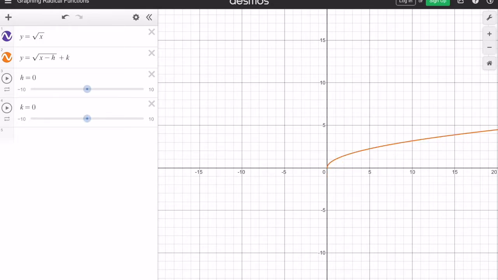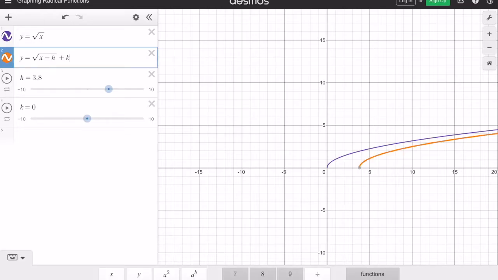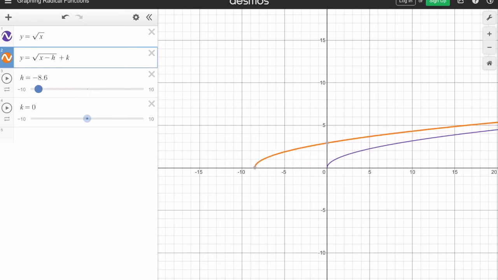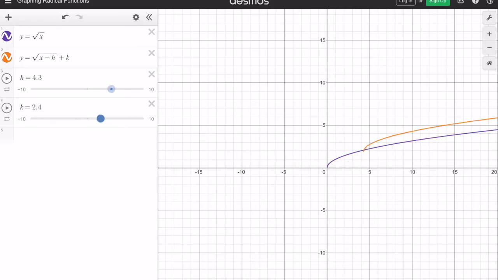And if I have h, if I have a positive number, because it's minus h, that's a negative number, so it's minus. See that it's a minus here. 3.8 shifts in the positive direction, and so forth. It's just a fun tool to play around with, move your radical function around.